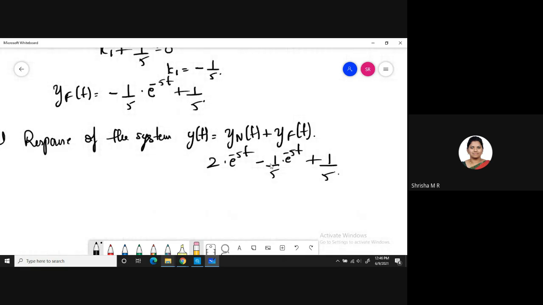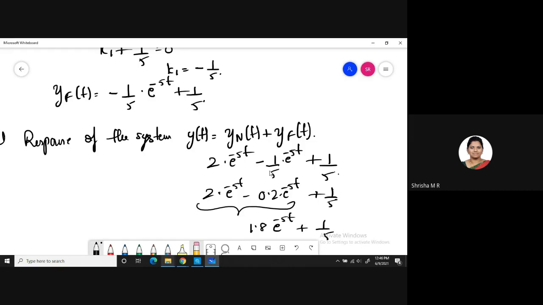So 2 minus 1 by 5, which is 0.2. That gives 2 into e power minus 5t minus 0.2 into e power minus 5t plus 1 by 5. If you solve this, you get 1.8 into e power minus 5t plus 0.2, and you can keep it like this.